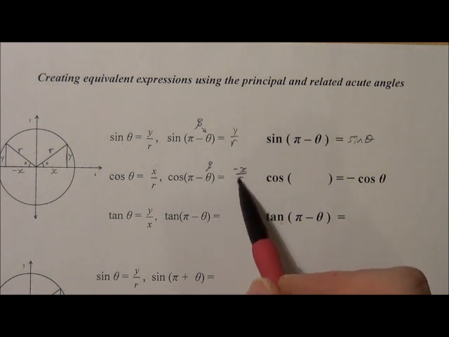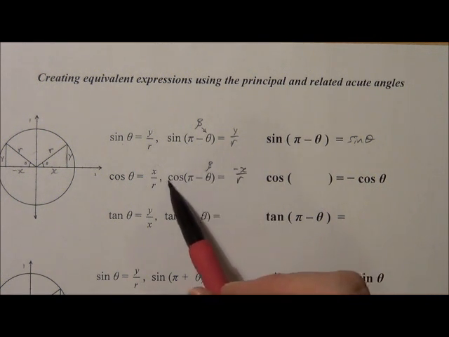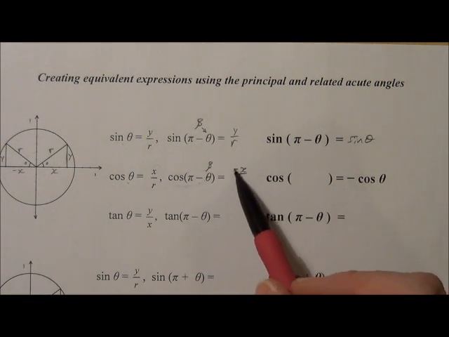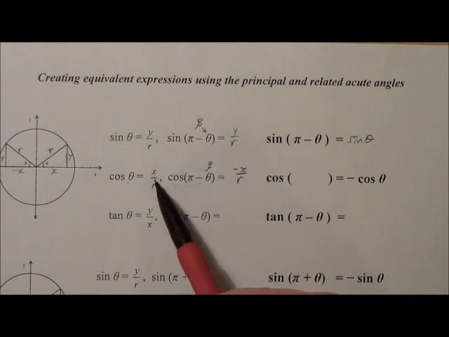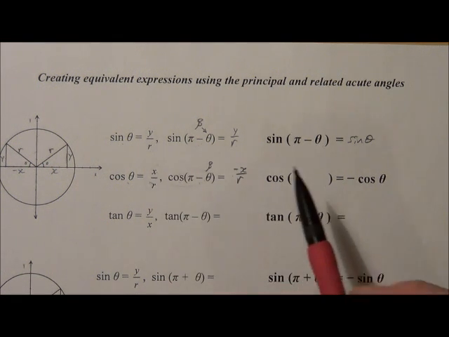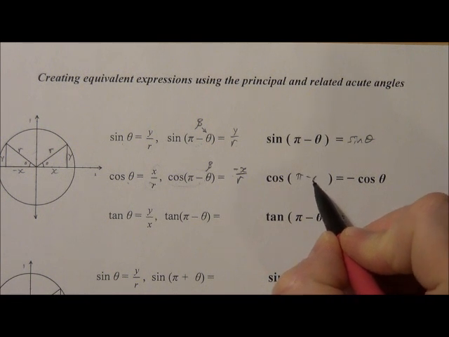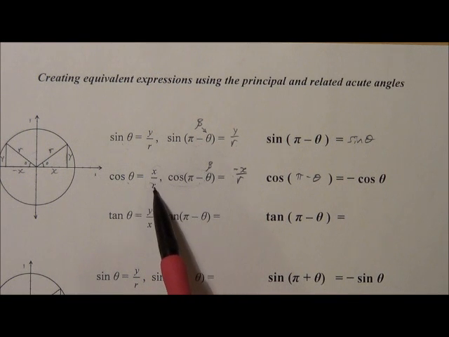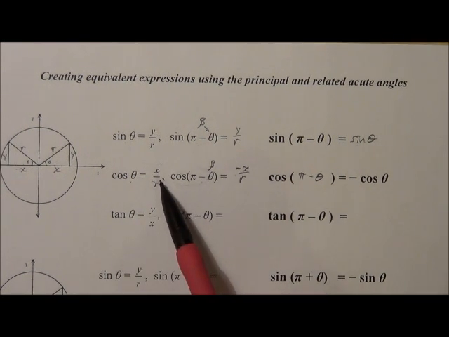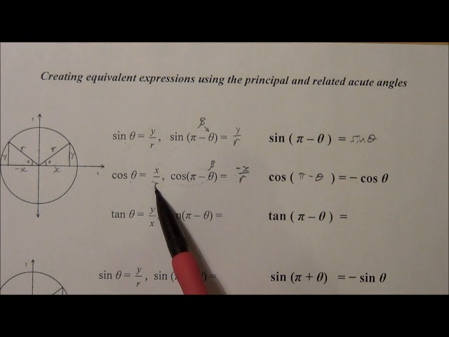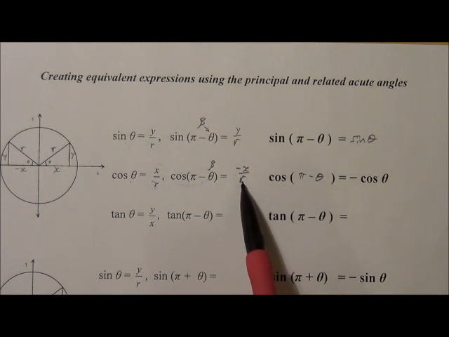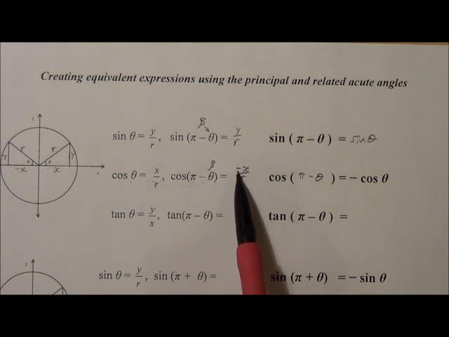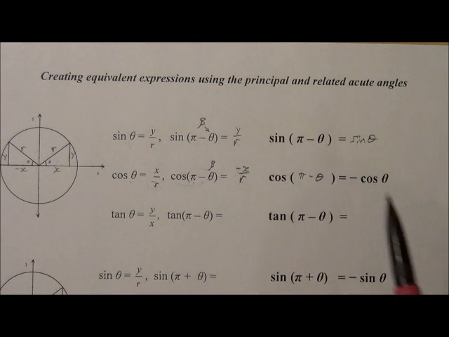This cosine is negative x over r. So whatever this is, it's the negative of this. Okay, because the only difference between the two is this one's negative and that one is not. So cos of pi minus theta is the same as negative cos theta. Okay, so if cos theta is x over r, negative cos theta is of course negative x over r. So cos of pi minus theta is equal to negative cos theta.